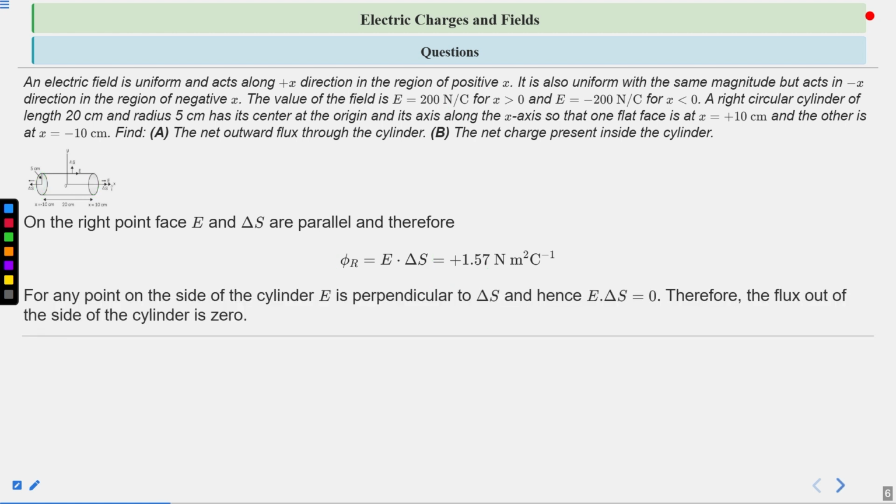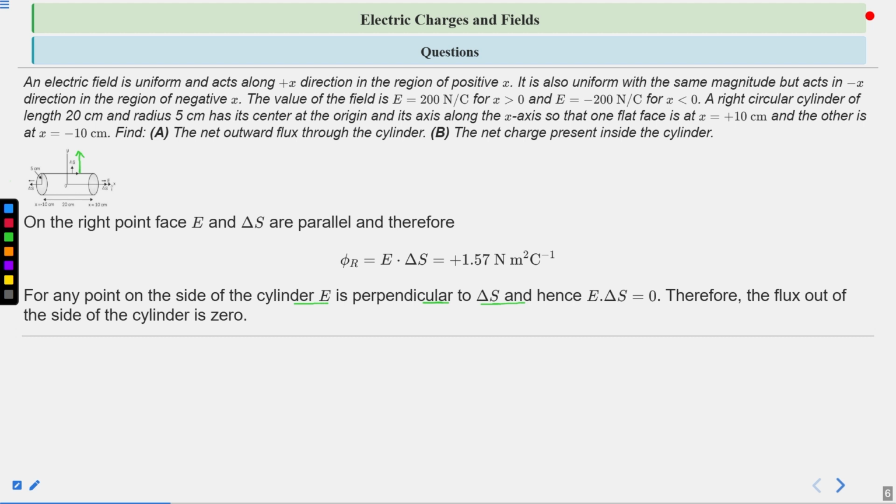For any point on the side of the cylinder, E is perpendicular to delta S. If we talk about the right circular face, the electric field is perpendicular to the surface. If we talk about the left face, the electric field is perpendicular to the surface. Now if we talk about the curved surface, it is also perpendicular to the surface.